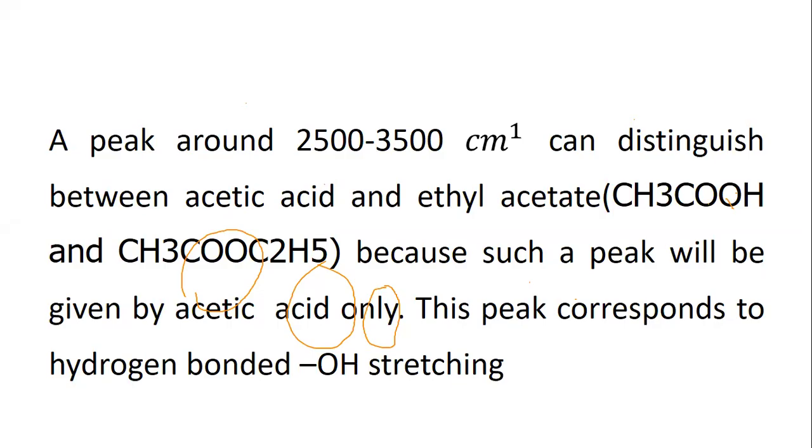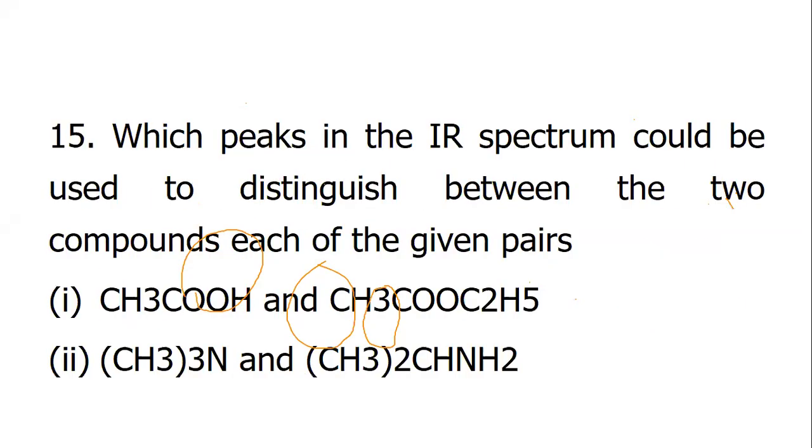A peak around 2500 to 3500 per cm can distinguish between acetic acid and ethyl acetate, because such a peak will be given by acetic acid only. The peak corresponds to hydrogen bonded OH stretching.